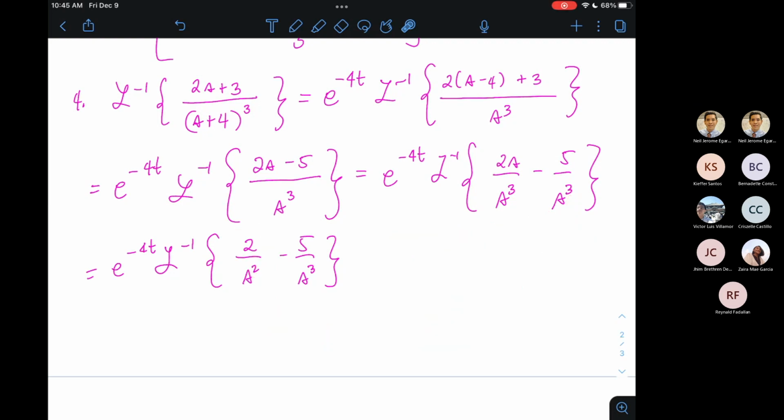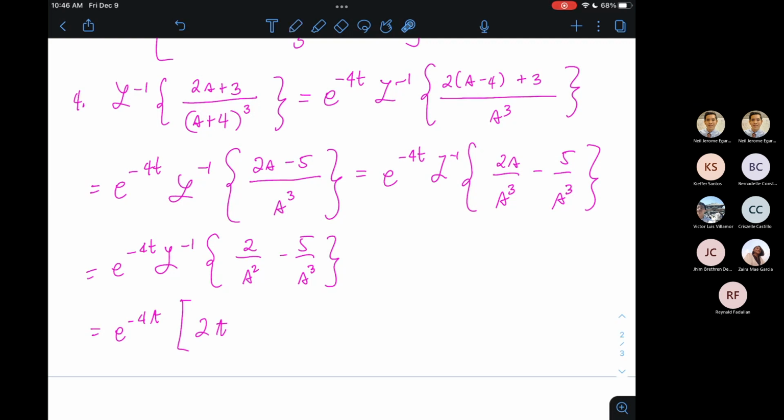Ano bang 1 factorial? 1 lang naman. So I can simply take 2 out of the Laplace transform. Magkakaroon na lang ng 1 over s squared. So Laplace transform ng 1 over s squared ay t to the first power. Agree? So this is e to the negative 4t times 2 times t. Right?